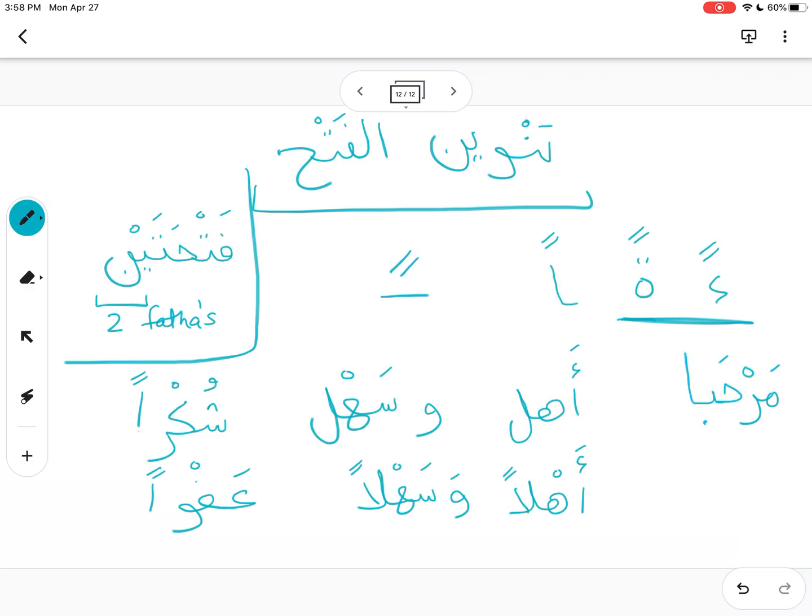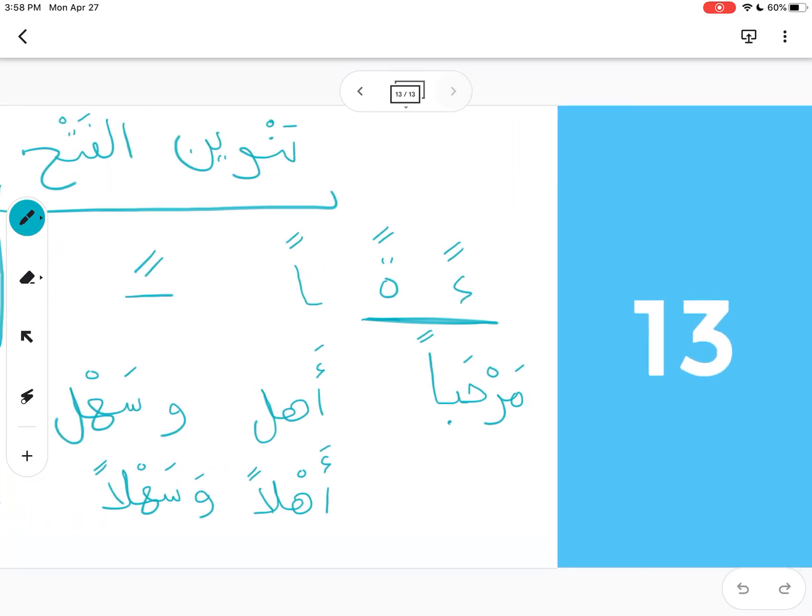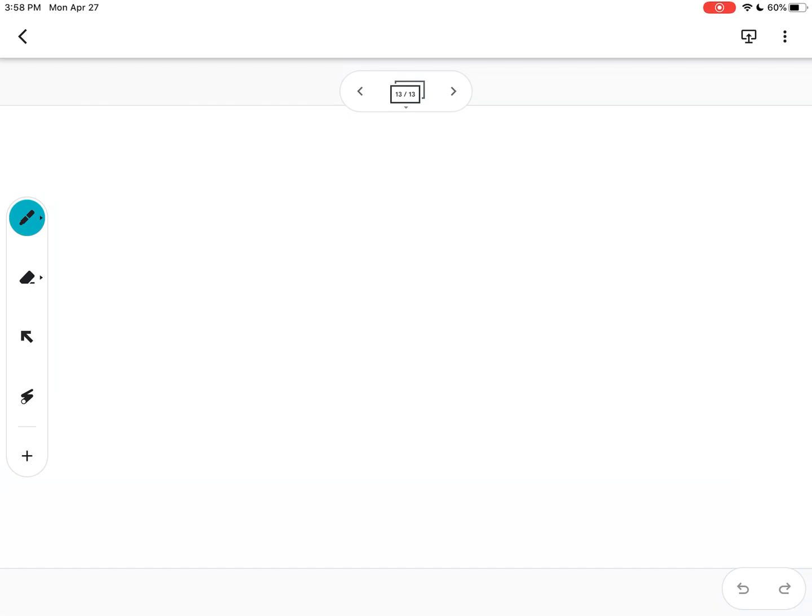Marhaban. Like this. Okay. So, now let's look at some other words. If I have any other word that I want to take, I'll give you a couple of words. Let's do, for instance, let's rewrite it so it looks neater. Ustad.